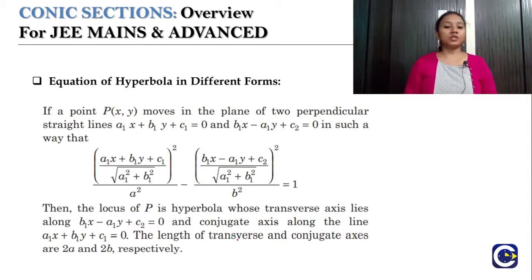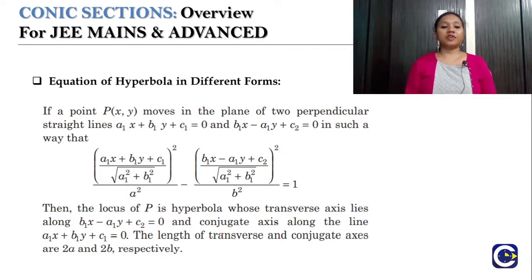So if a point P x comma y moves in a plane of two perpendicular straight lines in such a way that this distance whole square by a square minus this distance whole square by b square is equal to 1, then the locus of the point P is a hyperbola whose transverse axis lies along this line and conjugate axis lies along the other perpendicular line.